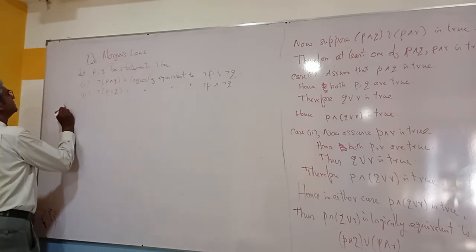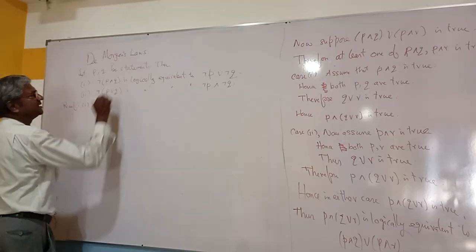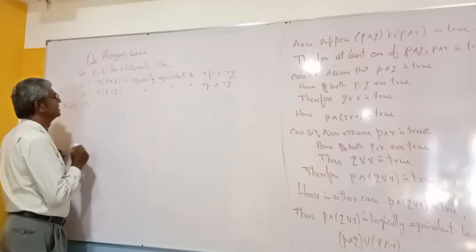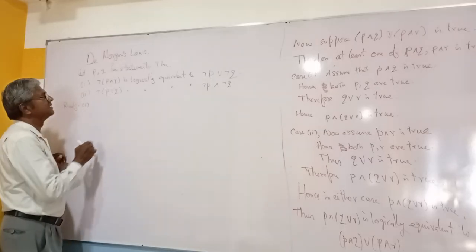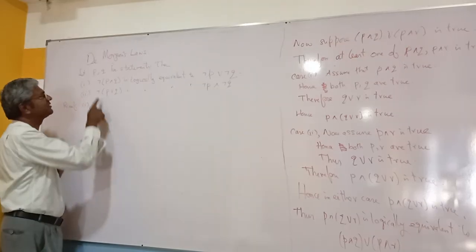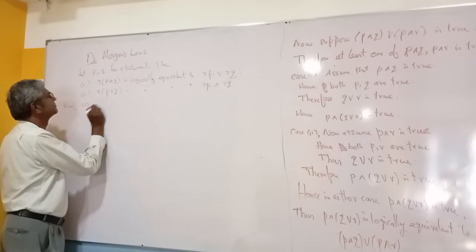Proof. 1. Let's prove this. Not (P and Q) is logically equivalent to not P or not Q. You have seen this for not, no? So, how do I start?